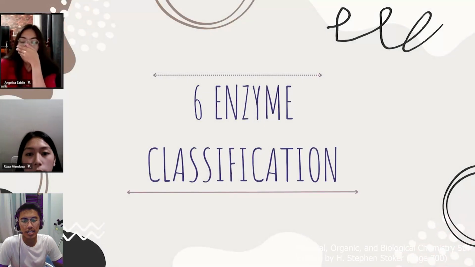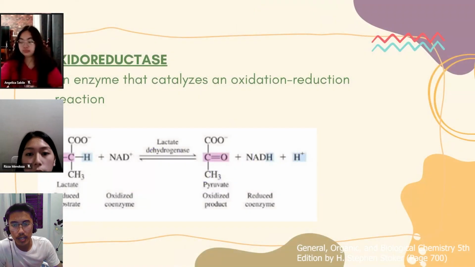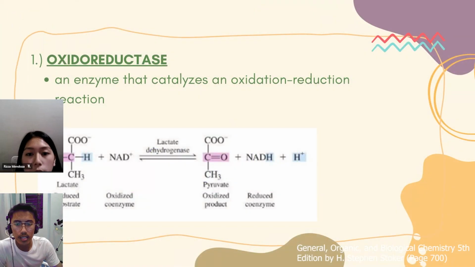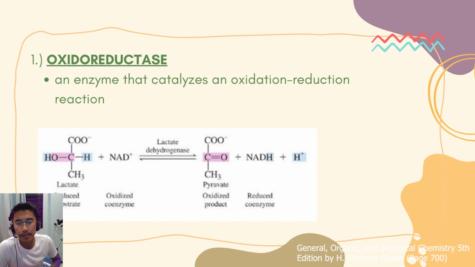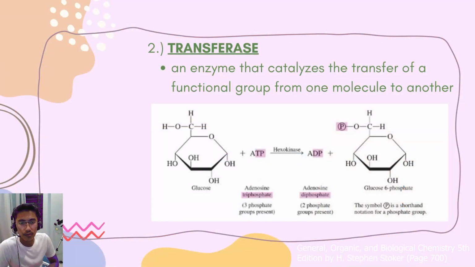Now, for the 6 enzyme classification, here we go. Let's go to the first one. First one is oxidoreductase. It is an enzyme that catalyzes an oxidation reduction reaction. Then for the next one, it is transferase, which is usually just transferring a functional group from one molecule to another. That's it.